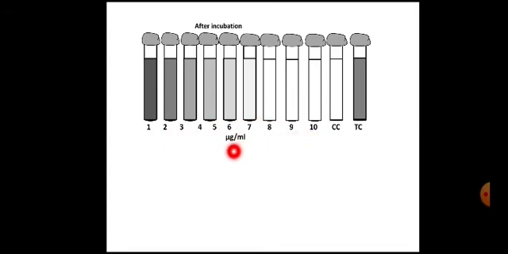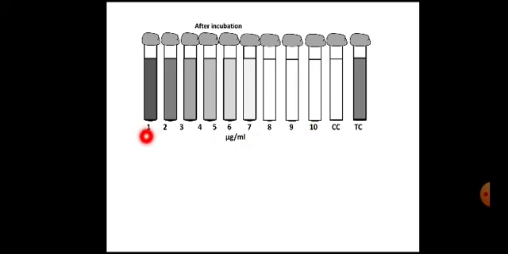You can see in this that this is low concentration, this is high concentration. This is low concentration means higher dilution of antibiotic. Here high concentration of antibiotic, lower dilution of antibiotic.